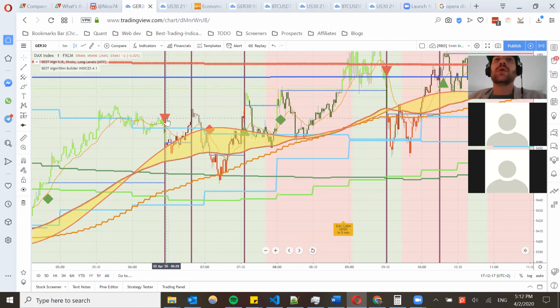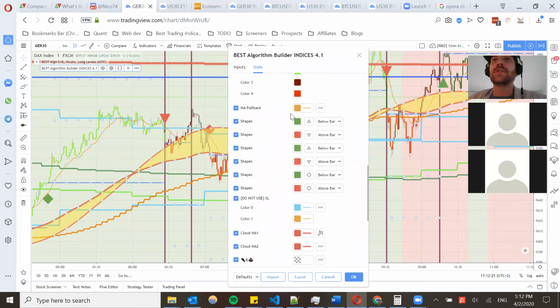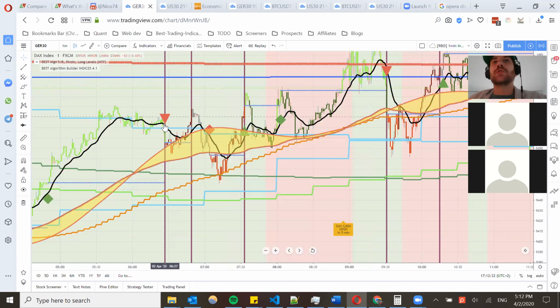Okay, so here we have a short, and I will put the EMA 20 in black and big. Because the cloud is below my EMA 20, what I should aim for is a pullback, for a candle high to go past this EMA.